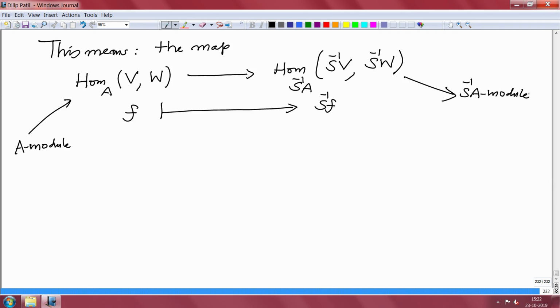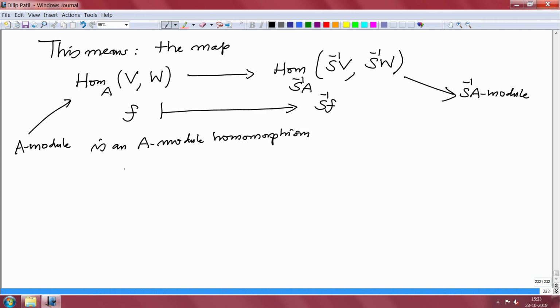So, I want to use the general universal property, that is why I stated it in that general form. And hence the map is an A module homomorphism, because we just now checked that 0 goes to 0, the addition goes to the addition, that means it is an abelian group homomorphism, and scalar multiplication will come out. So, that this is an A linear map is obvious.